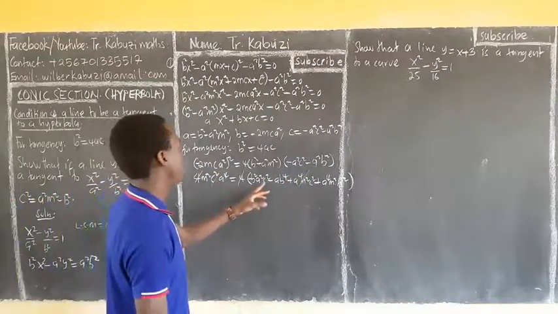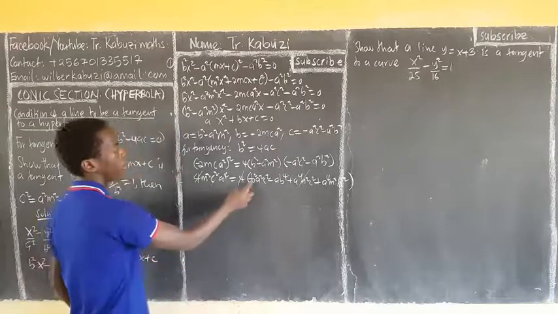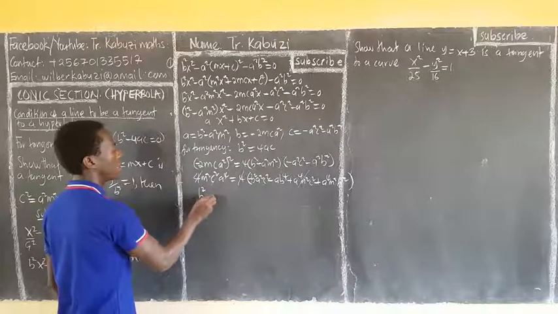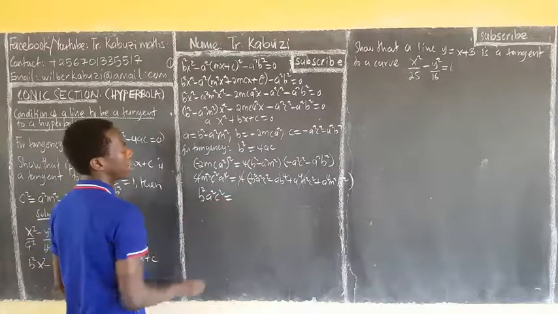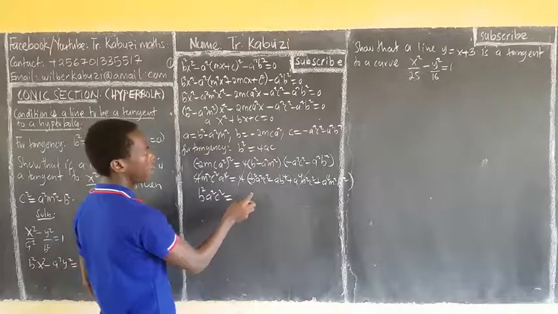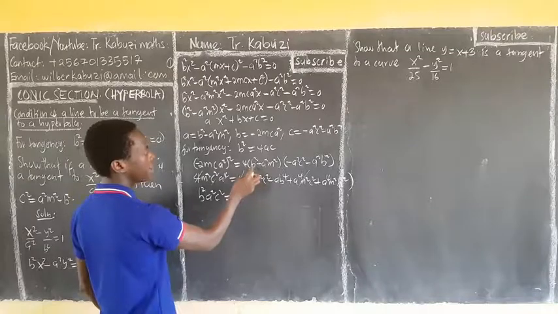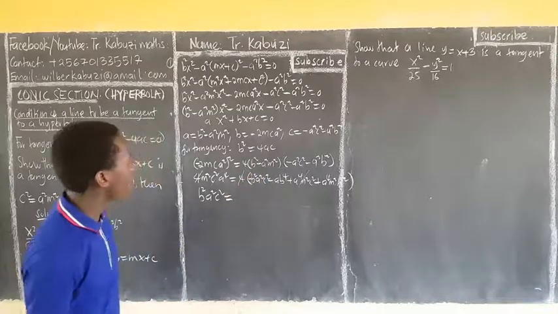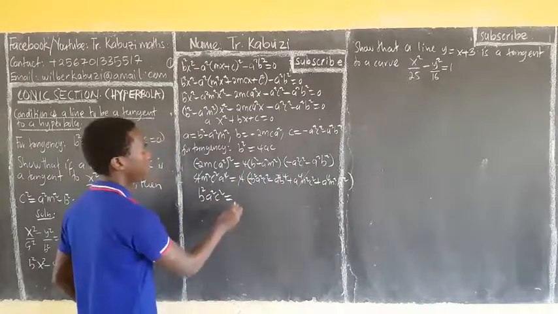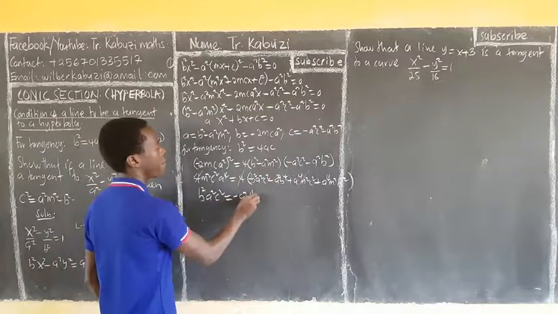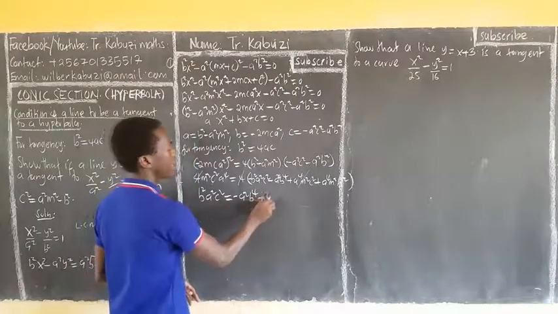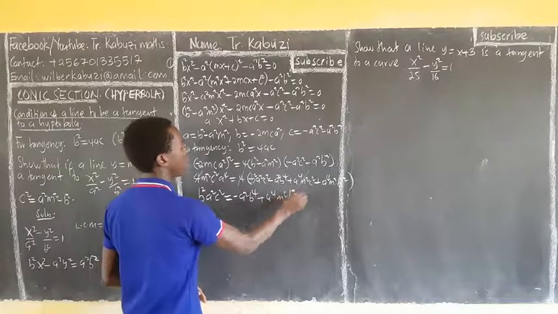From there, you see I'm remaining with, when I take this side, b squared a squared c squared, equaling, this side I have this times this. This was a square here. So I have negative a squared b power 4. Then I have plus a power 4 m squared b squared.